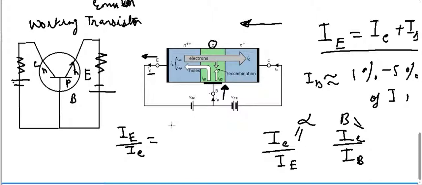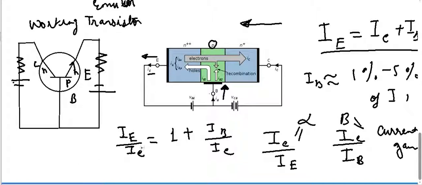So IE by IC will be equal to IC by IC plus IB by IC, which is 1 plus IB by IC. This IC by IB is generally known as the current gain, or base current gain. So IE by IC is equal to 1 plus IB by IC.